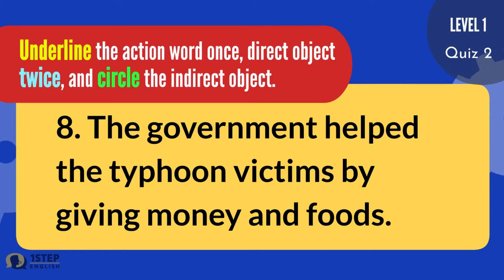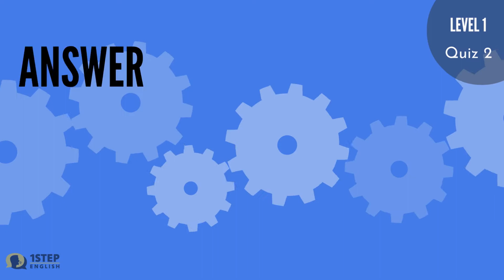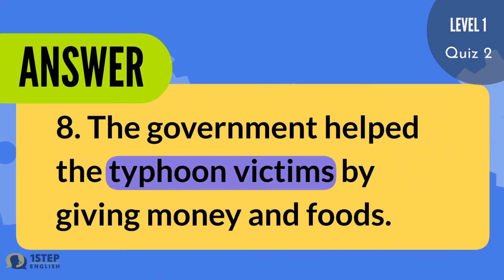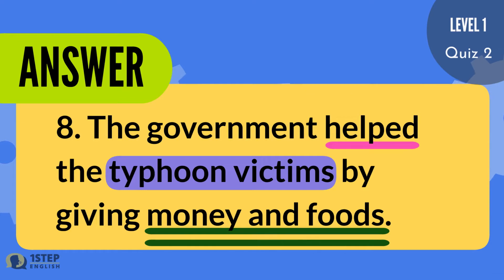Number 8. The government helped the typhoon victims by giving money and food. Typhoon victims is the indirect object. Helped is the action word. Money and food is the direct object.